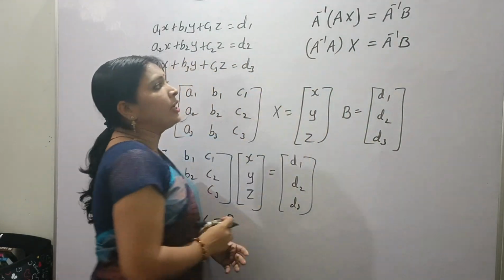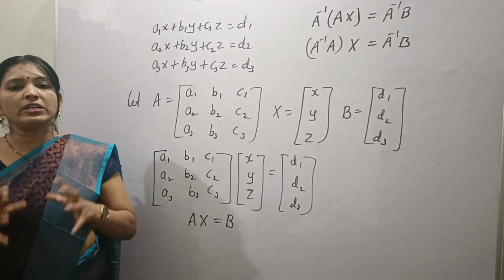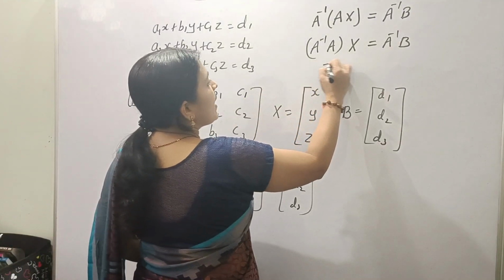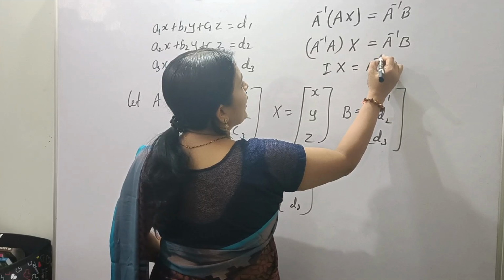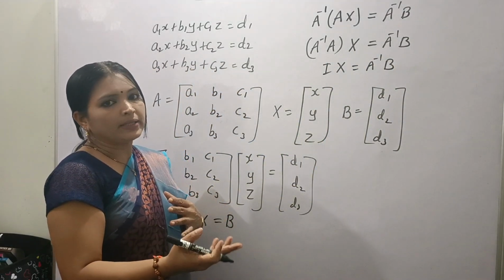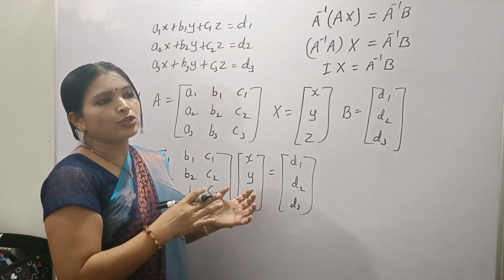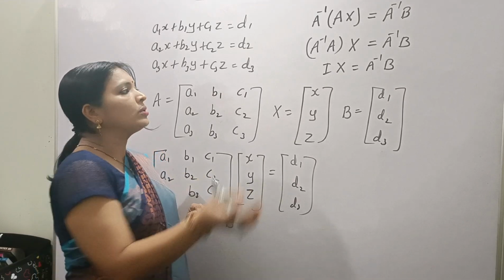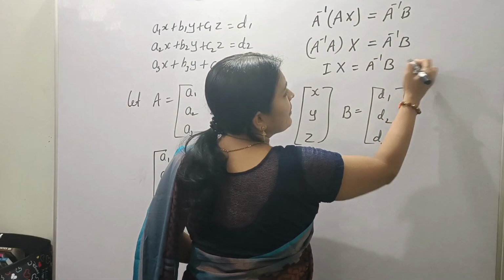Okay. What is A inverse into A? A inverse into A is nothing but an identity matrix, right? So I into X is equal to A inverse B. I into any matrix is nothing but that matrix itself. Product of an identity matrix and any matrix is equal to that matrix itself, that is the original matrix.